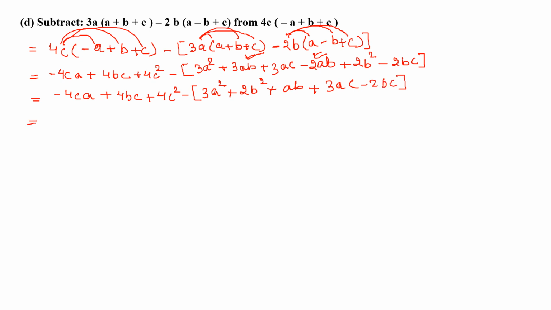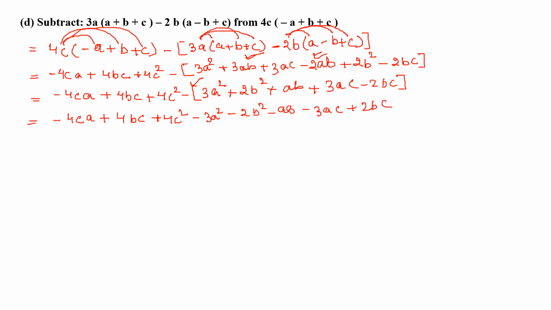Now again you can see there is one more bracket and before that there is a negative sign. So I have to again change the sign when I open the bracket. So it will be plus 4c square minus 3a square minus 2b square minus ab minus 3ac and plus 2bc.